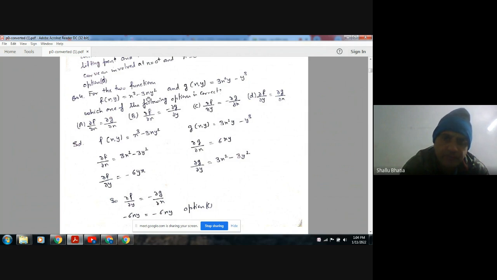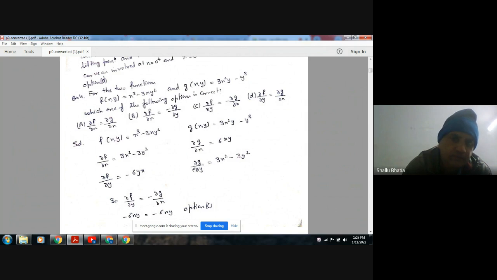D, partial f by partial y equals partial g by partial x. So f(x,y) is this and g(x,y) is this. Now finding partial f by partial x, that is 3x square minus 3y square, and partial f by partial y is minus 6yx. And partial g by partial x is 6xy, and partial g by partial y is 3x square minus 3y square.